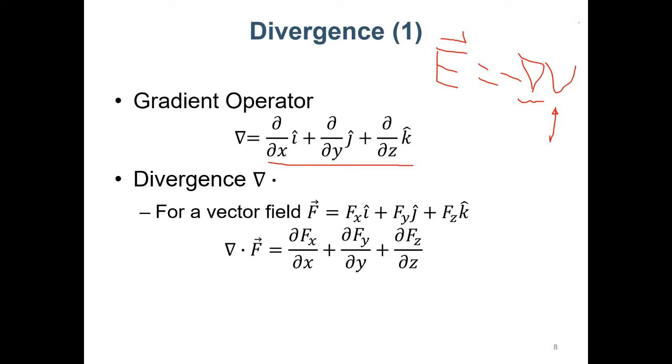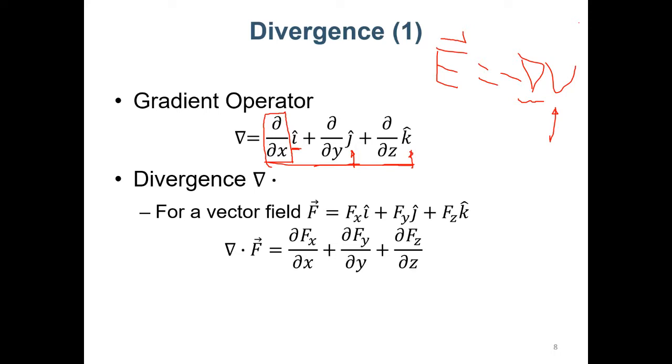But in Cartesian coordinates, it will be something like this: the unit vector in the x direction times the partial derivative with respect to x, then the y direction times the unit vector in y, and the z direction with the unit vector in z.